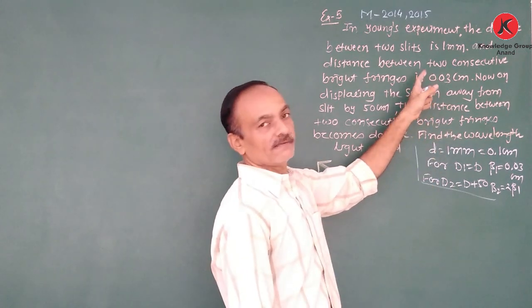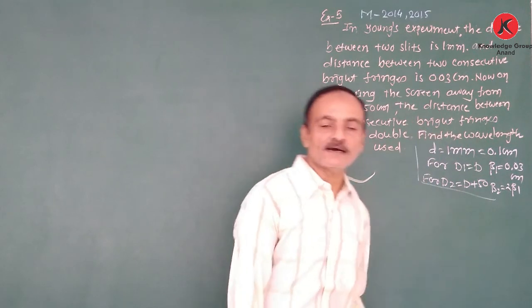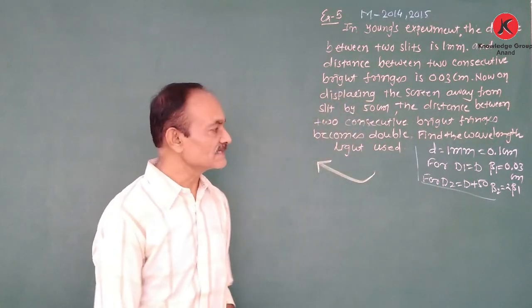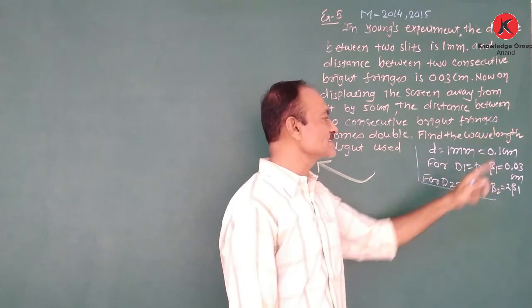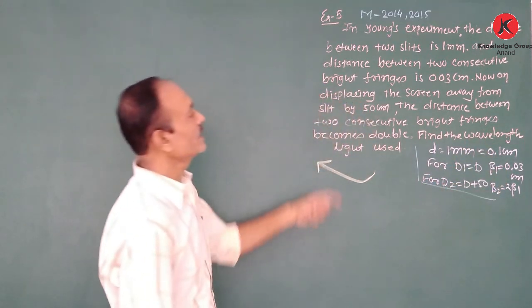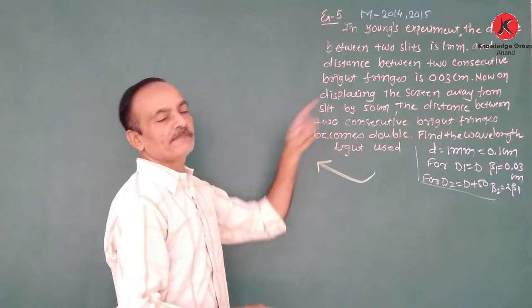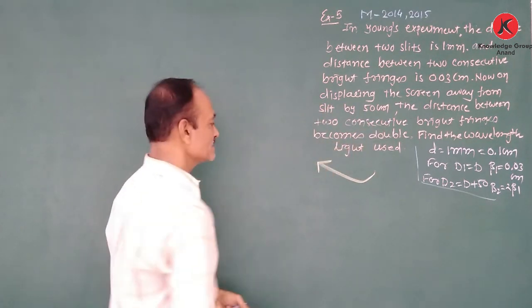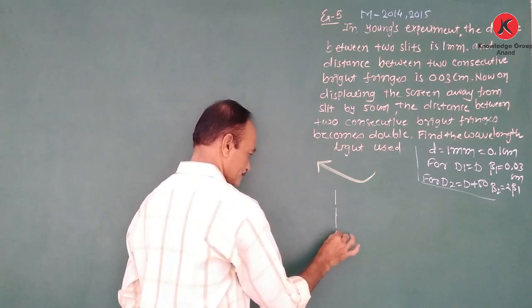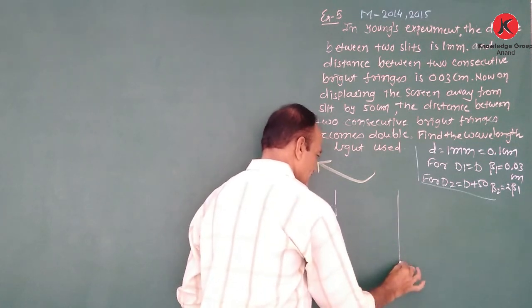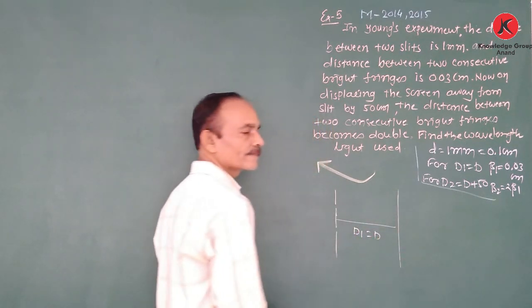Therefore, for a given distance between the slit and screen, suppose it is D, at that time beta 1, the separation of the consecutive bright fringes, is 0.03 centimeter. Now, on displacing the screen away from the slit by 50 centimeter, that means we change the double slit. The initial screen is here, so this distance D1 is equal to D.